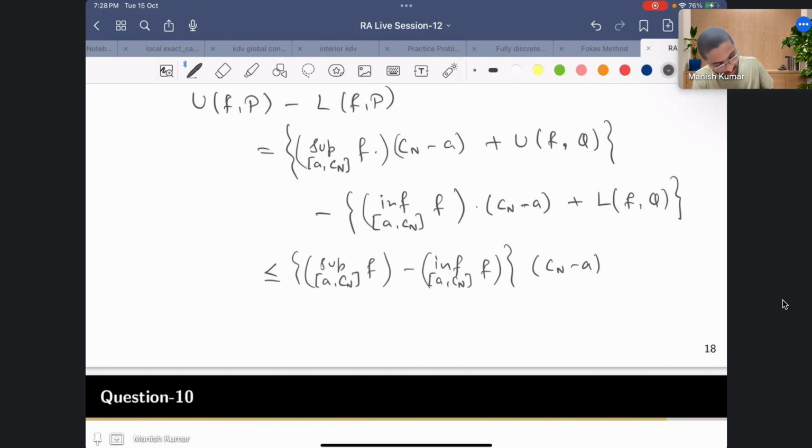Okay, and then you have this LFP, so this is equal to UFP minus UFQ minus LFQ.